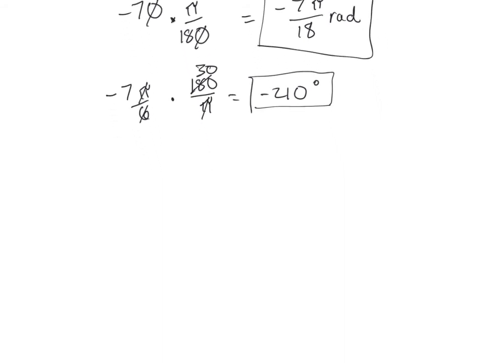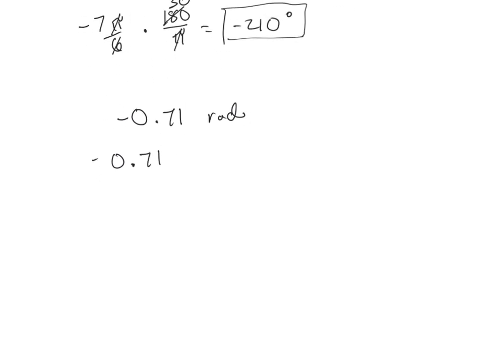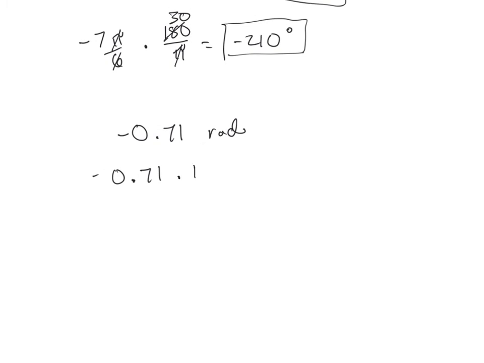Let's do a tricky one. Let's say we got one that probably isn't going to give us a nice number. You should have the math chops to do it now. So let's say I got negative 0.71 radians, and I need that to be in degrees. Well, you just got to trust your process. So negative 0.71, to get into degrees, remember we multiply by 180, divide by pi.